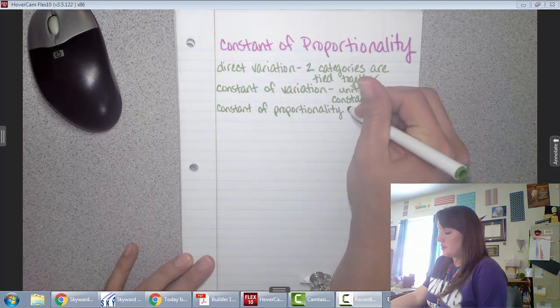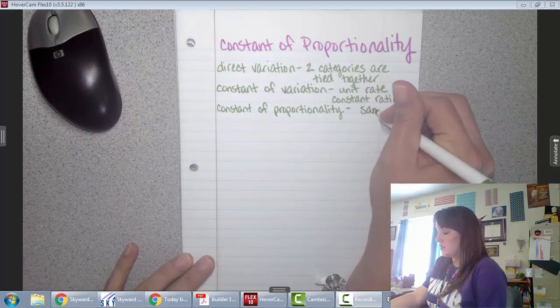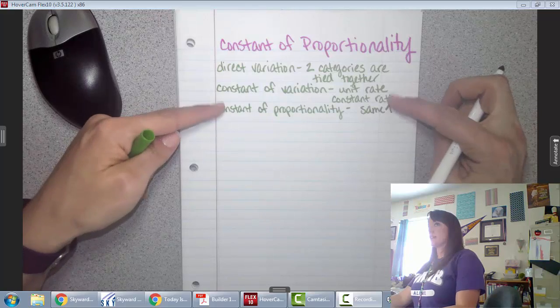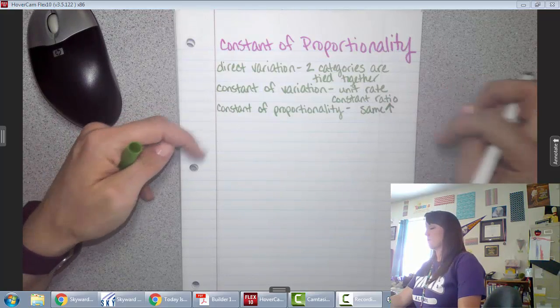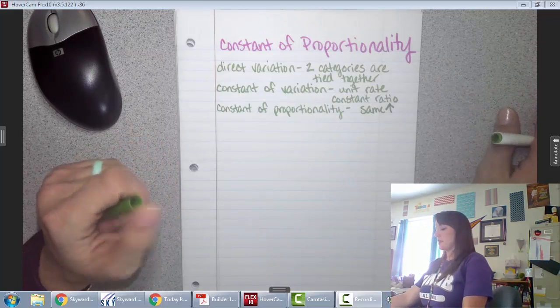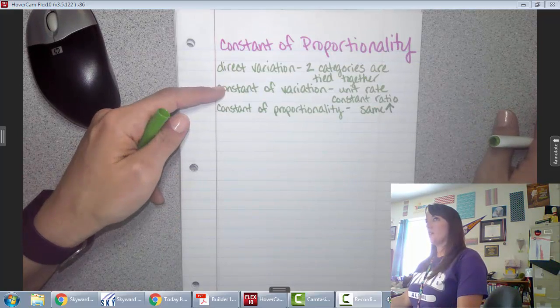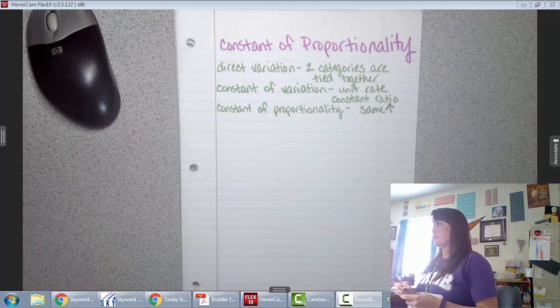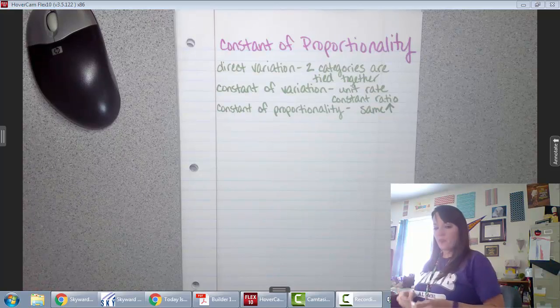So it is the same thing. These two words mean exactly the same thing. It's just potato, potato. Some people call it the constant of variation. Some people call it constant of proportionality. It's a preference.